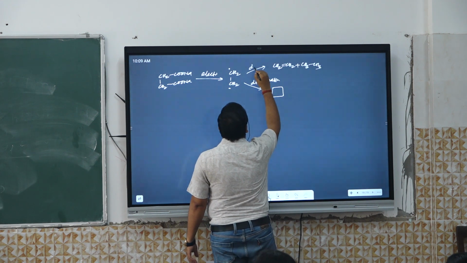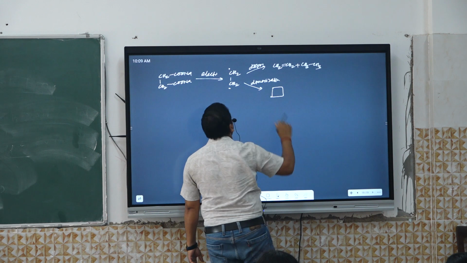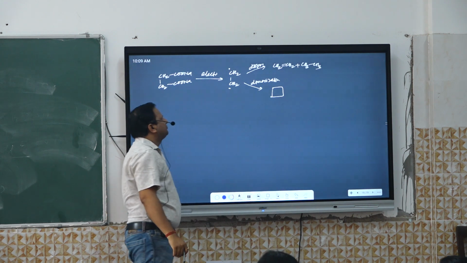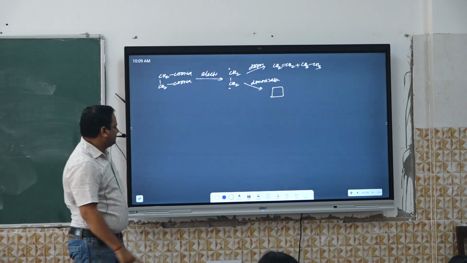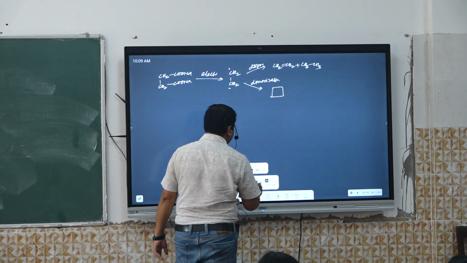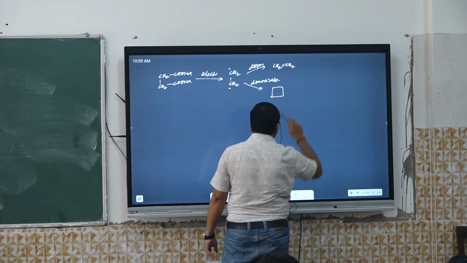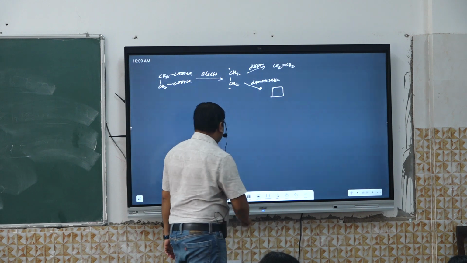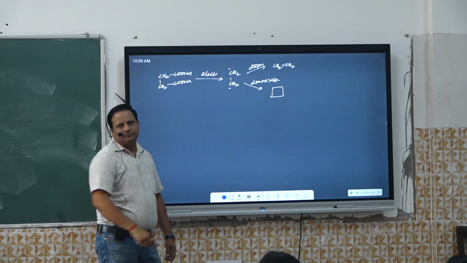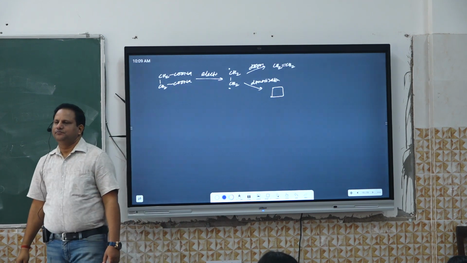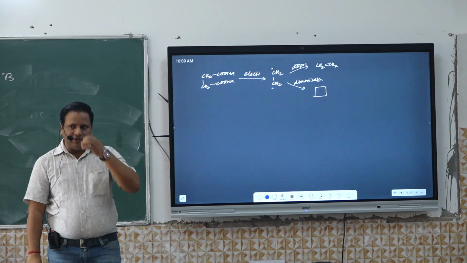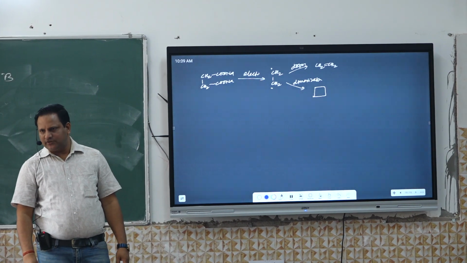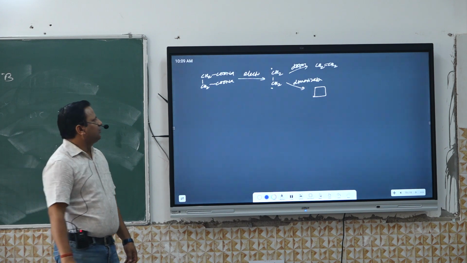So this is a disproportionation reaction. No, not a disproportionation reaction. One second. In disproportionation, when two free radicals combine, that is a combination reaction. So this is not the disproportionation reaction.